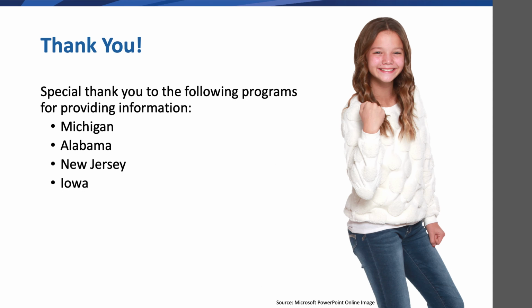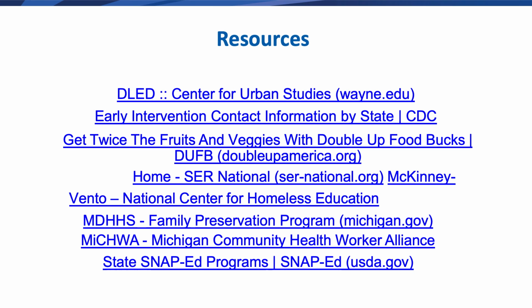A special thank you to the following programs for providing information, including Michigan, Alabama, New Jersey, and Iowa. Listed here are resources for you to access and review, and the acknowledgement and disclaimer. DLED, Center for Urban Studies, wayne.edu. Early Intervention Contact Information by State, CDC. Get twice the fruits and veggies with Double Up Food Bucks.